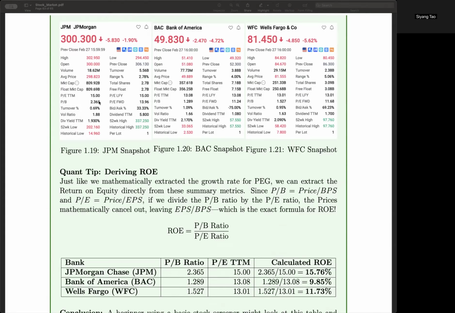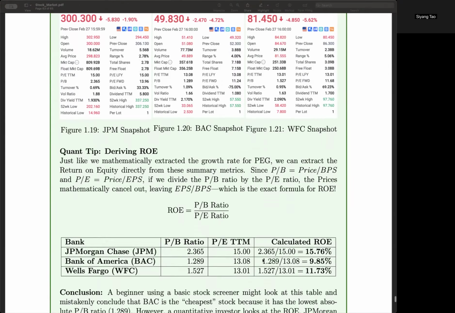But watch what happens when we calculate the ROE by dividing the PB ratio by the PE ratio. Bank of America is generating an ROE of 9.85%. But look at JPMorgan. They are generating an incredible 15.76% return on equity.